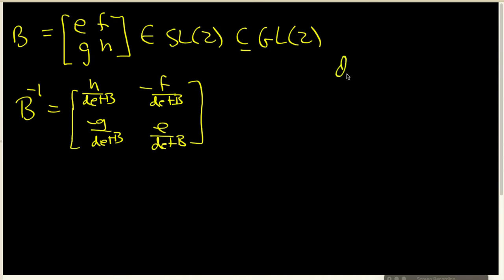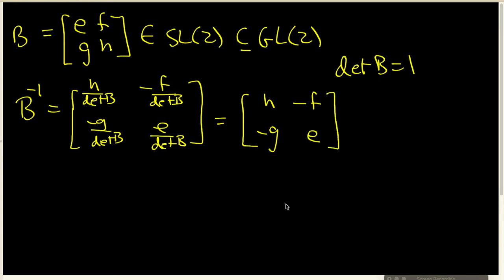Now recall the determinant of B is equal to 1, so those denominators all drop out, and we are just left with B inverse being H, minus F, minus G, and E. And this is B inverse inside GL2.